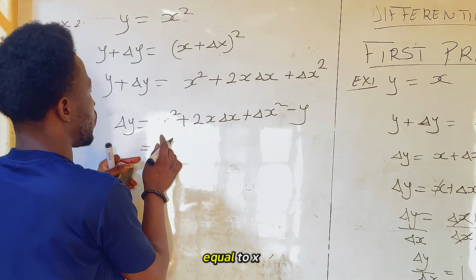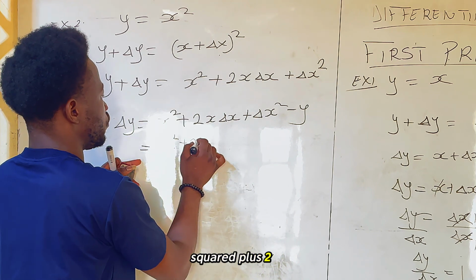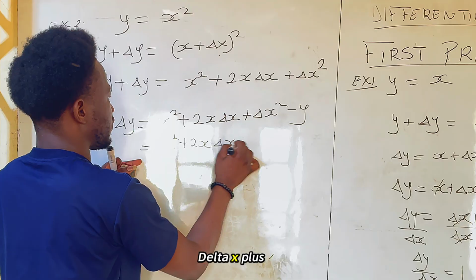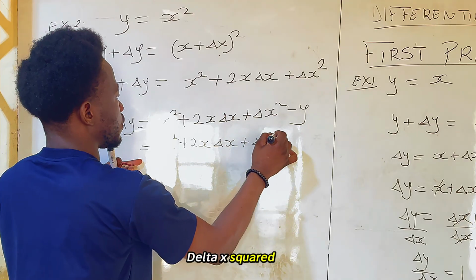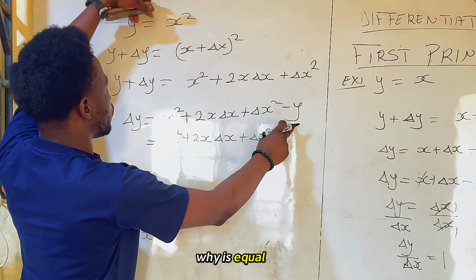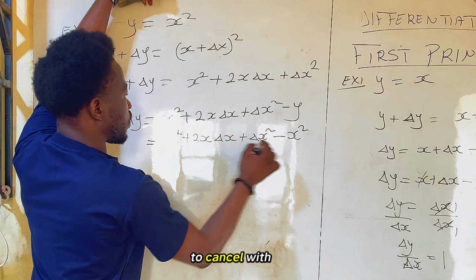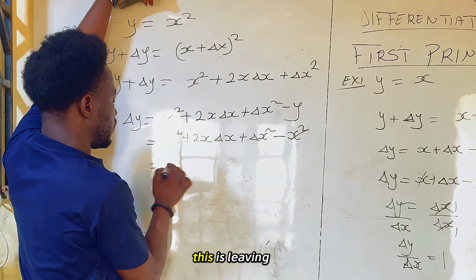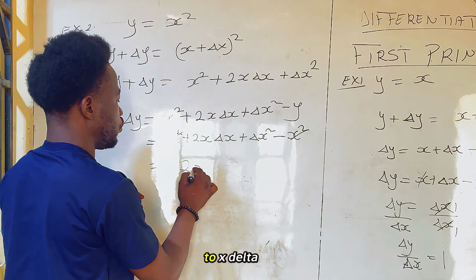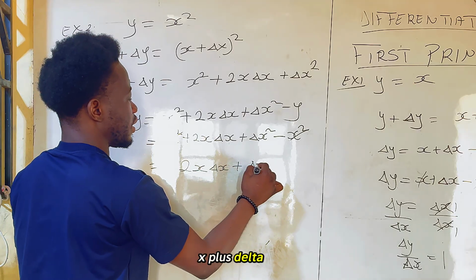And this is going to be equal to x squared plus 2x delta x plus delta x squared minus, we already know in the equation, y is equal to x squared. So I replace the y with x squared, which is going to cancel with this, leaving 2x delta x plus delta x squared.